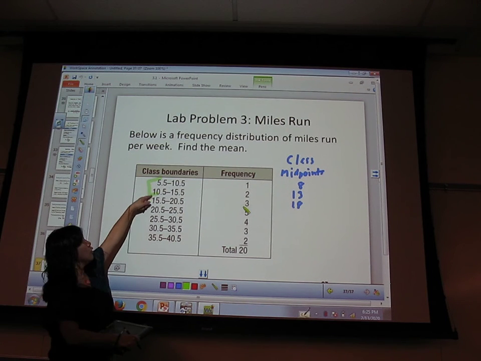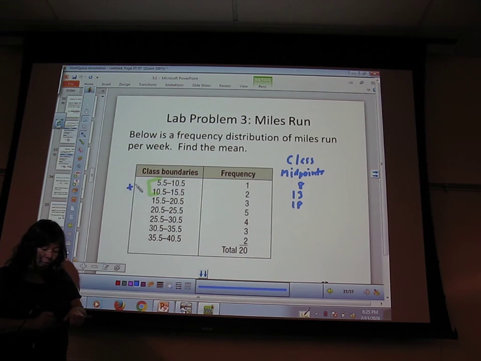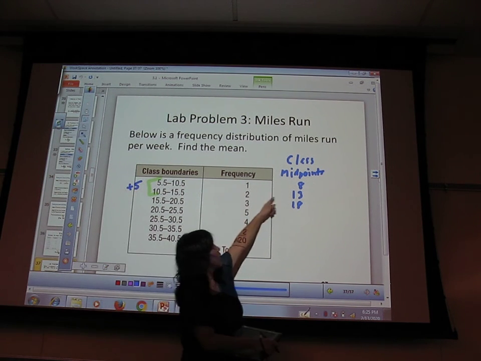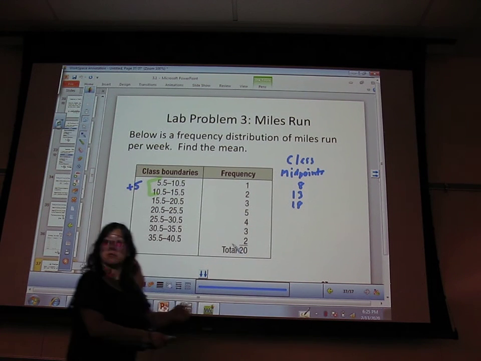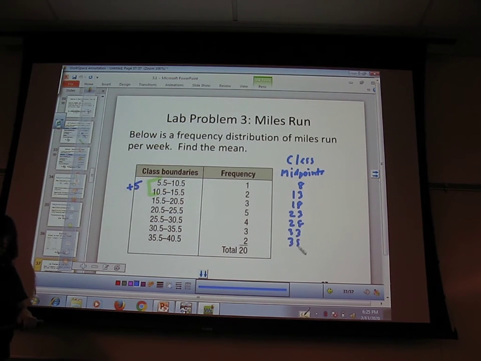Here, you subtract these two, and you see they're all separated by 5. So once you find a couple, just add 5, add 5, add 5, you get the rest. So 23, 28, 33, 38. All good?